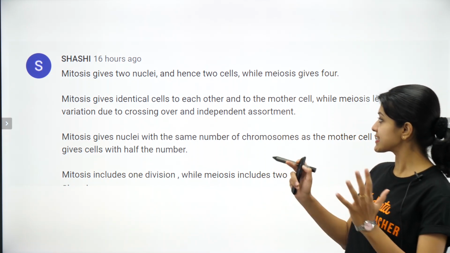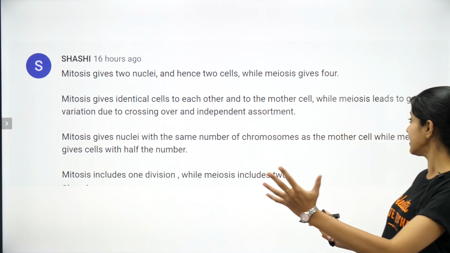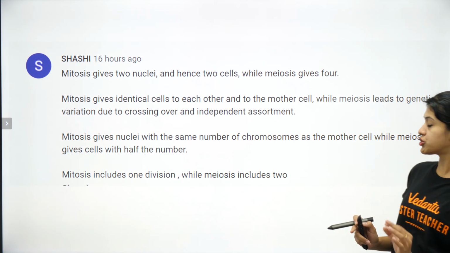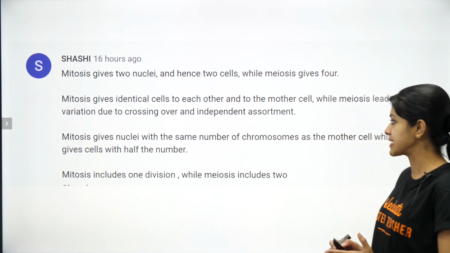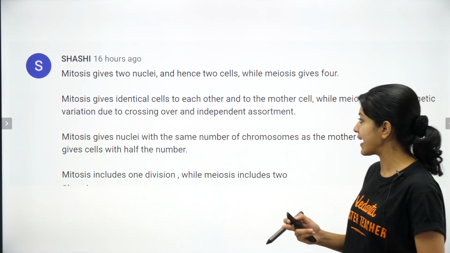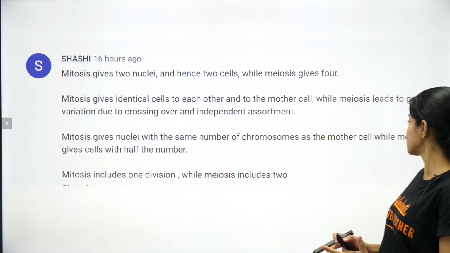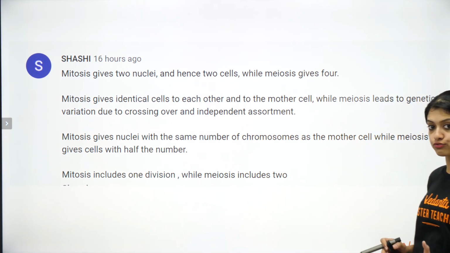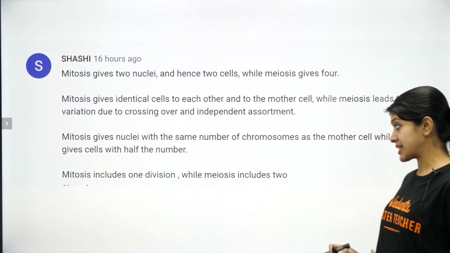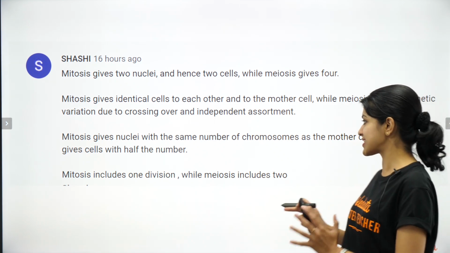Mitosis gives identical cells to each other and to the mother cell, while meiosis leads to genetic variation due to crossing over and independent assortment. Mitosis gives nuclei with the same amount of chromosomes as the mother cell, while meiosis gives cells with half the number. Mitosis includes 1 division, while meiosis includes 2.